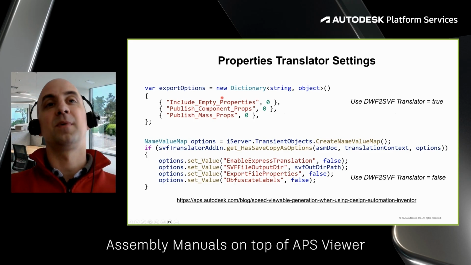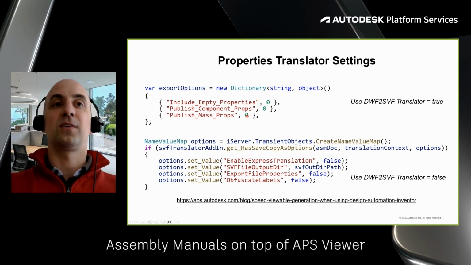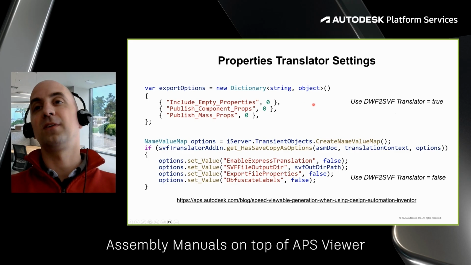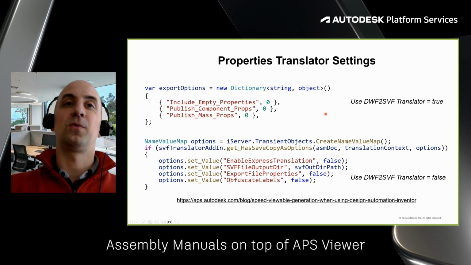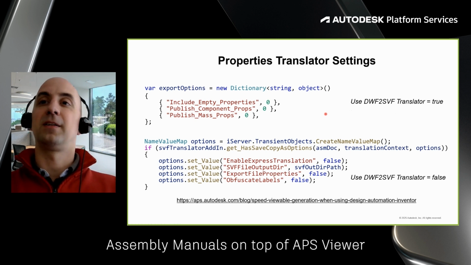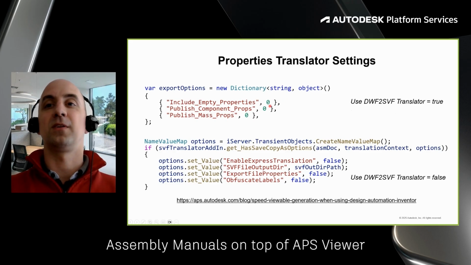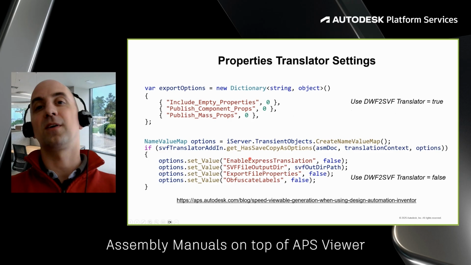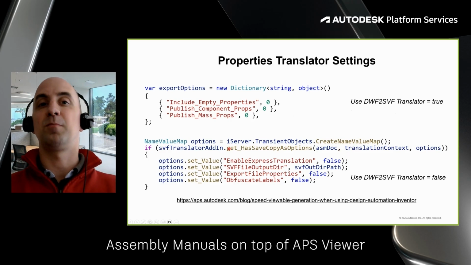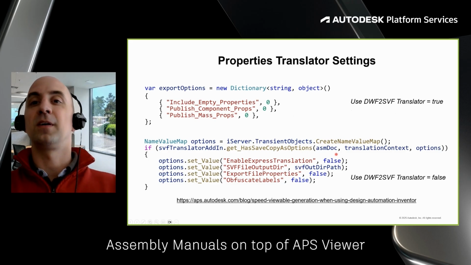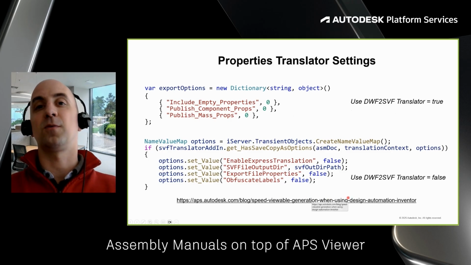And what we have here is a dictionary, because essentially the configuration options for this translator are something that we pass to a library that my colleague has developed. So there is nothing like a name value map and other things like down here in the case of the Inventor translator, where we directly use the Inventor API. Here I highly recommend you to read the blog post from Adam Nagy from Autodesk.